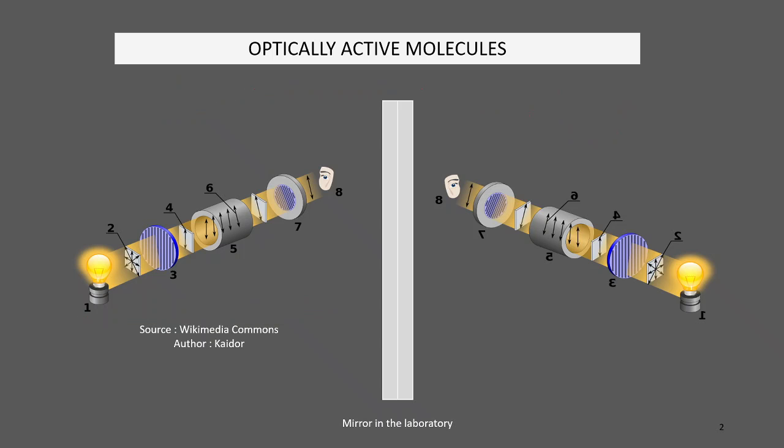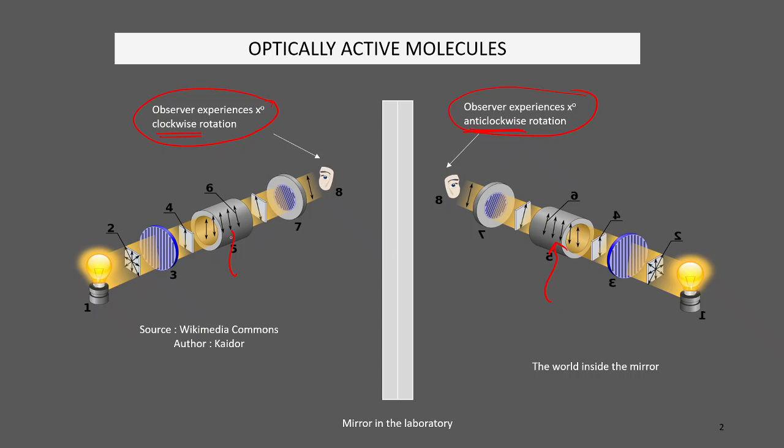So now what happens in the virtual world is that here you see that the observer experiences x degrees of clockwise rotation, but here you see that the observer is experiencing x degrees of anti-clockwise rotation. So the molecules here are behaving in a different way. These molecules here are rotating clockwise, and these molecules are rotating anti-clockwise. So these molecules must be different, and this is where we give a logical explanation for what is happening in this experiment.